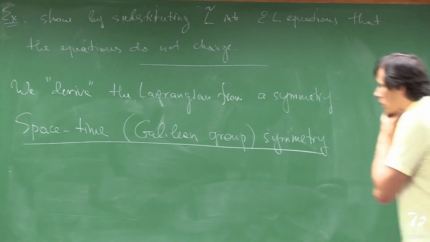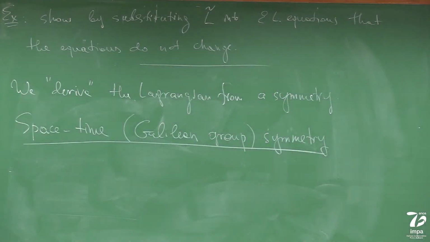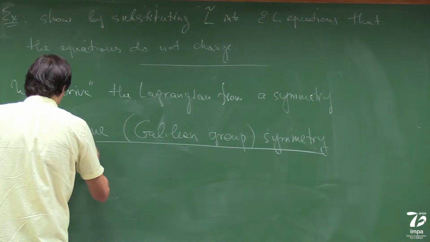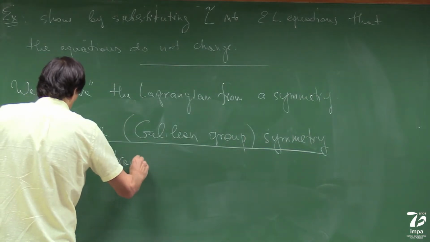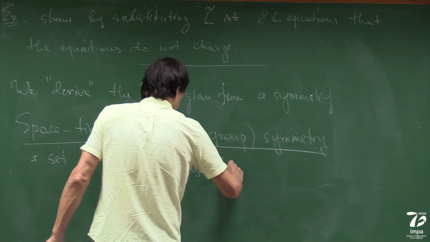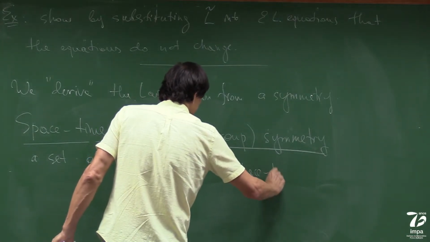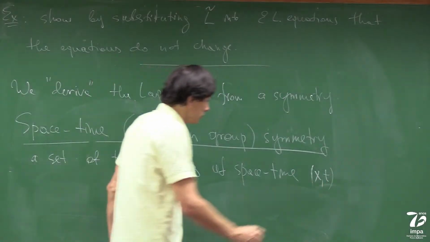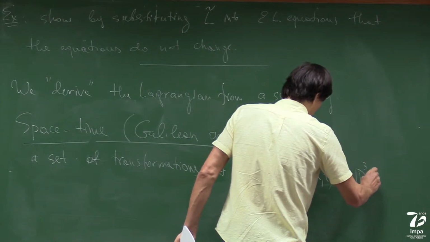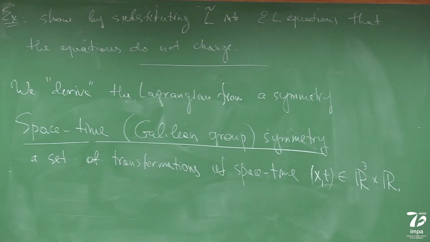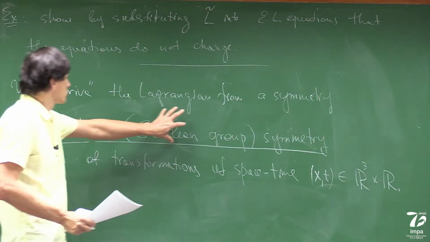The Galilean group is a collection, a set of transformations of space-time, which means transformations of the coordinates (x,t), a point where space is three-dimensional and time is one-dimensional. We will now define all the transformations which constitute this Galilean group.